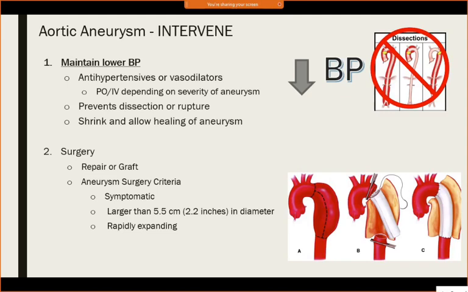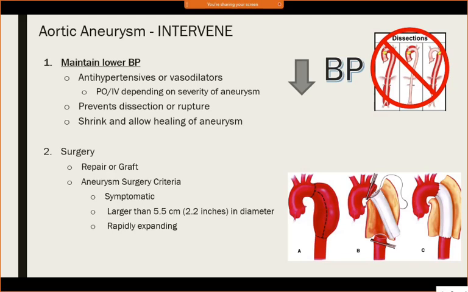We want to lower your blood pressure. If it is dissecting, we will keep your blood pressure super low. A blood pressure of 90 is good for a dissection because it's already diverting blood flow out into the vessel wall, which is hurting. And as we drop people's blood pressure, their pain goes away because it's now not under so much pressure that it's diverting into the vessel wall.